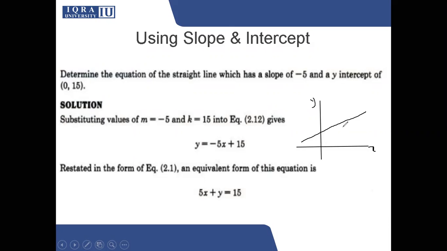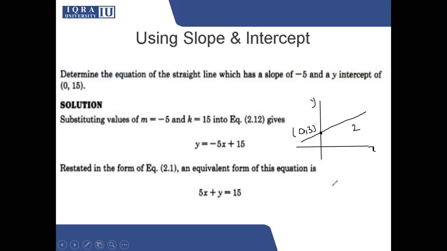I am not giving you the equation, but I can give you some things. I am telling you that the slope of this line is 2. And the y-intercept of this line, remember, is the point where the line cuts the y-axis. This point is, let's say, 3. So 0, 3.